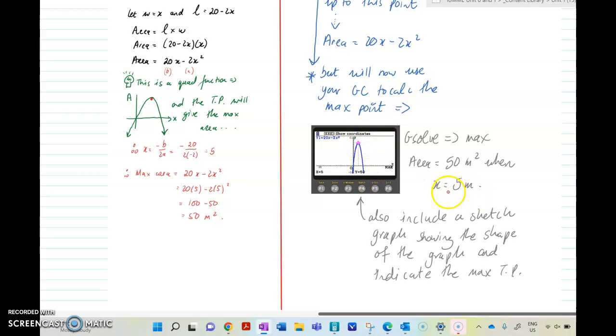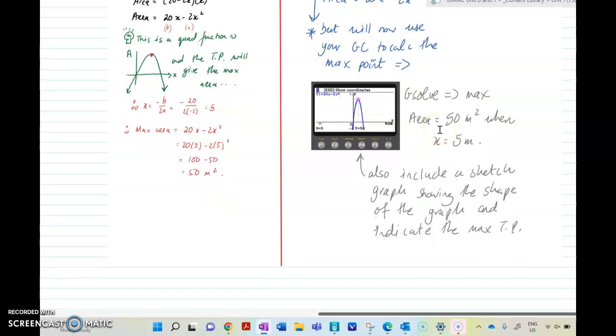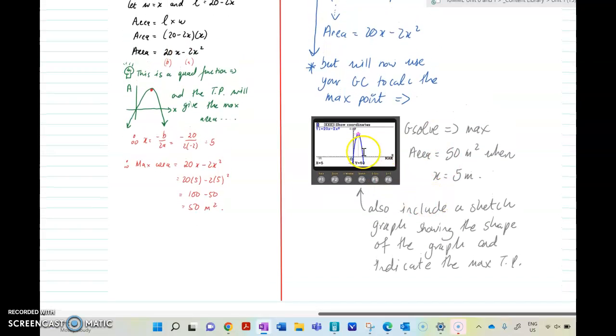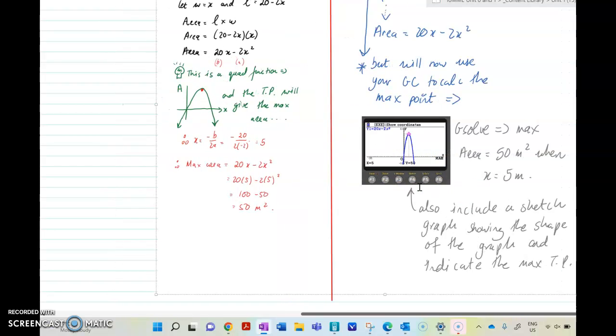Interpreting it, when x is 5, remember that's a width, that will give you the maximum area of 50 square meters. Also in a tech active paper, whatever you see on the calculator, you need to sketch. So just include a sketch graph of the parabola and indicate the maximum turning point on it.